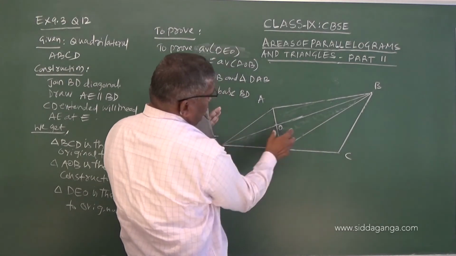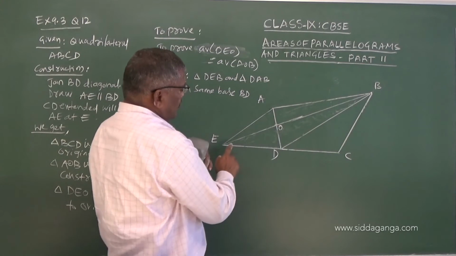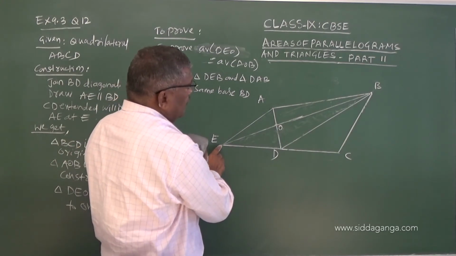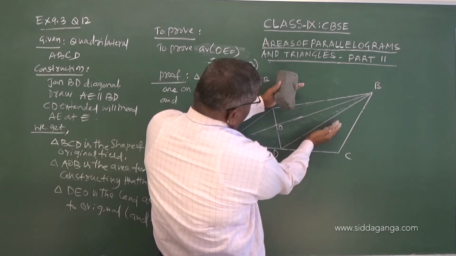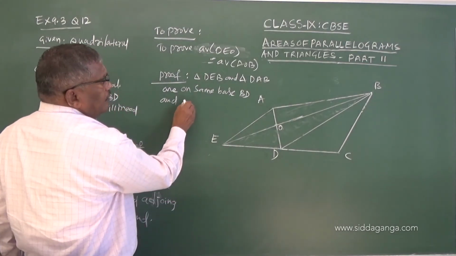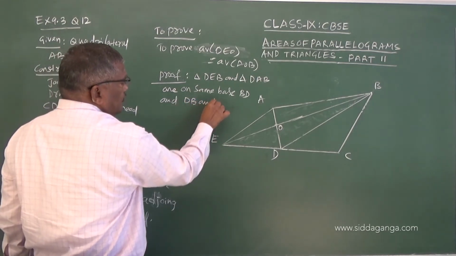Between these two parallel lines, this triangle and this triangle exist. This triangle DAB extends from here to here. Therefore, it is between these two parallel lines, DB and AE.